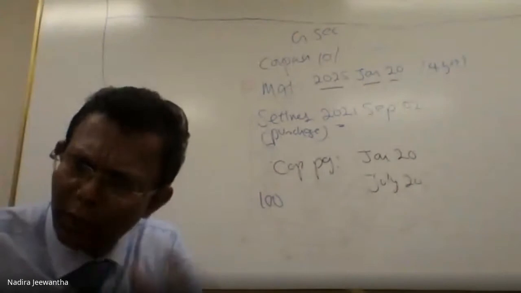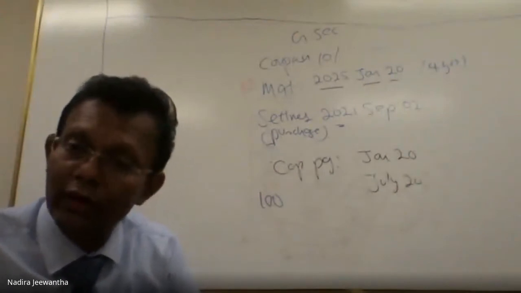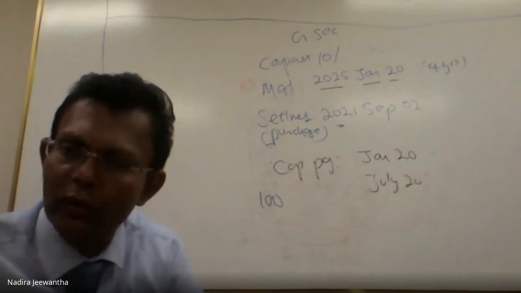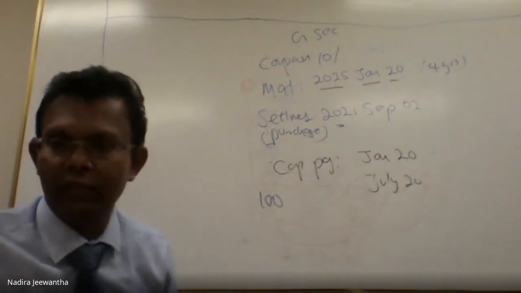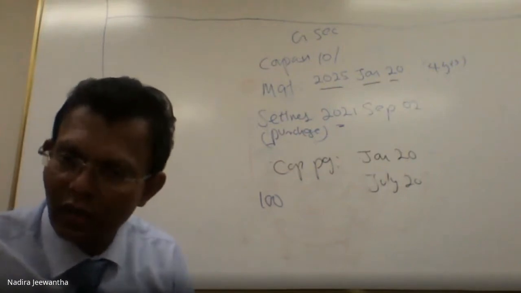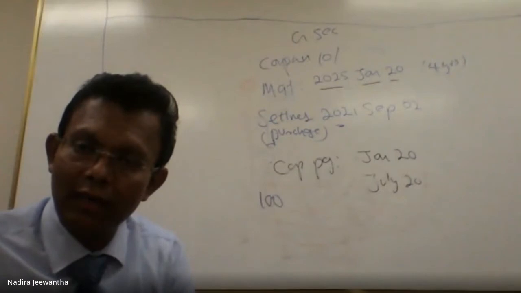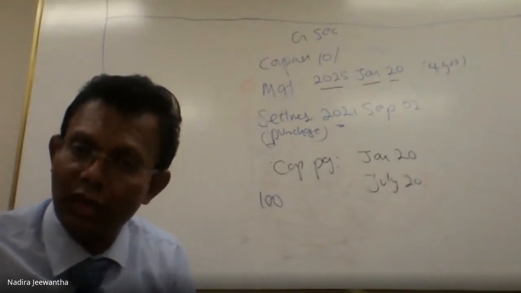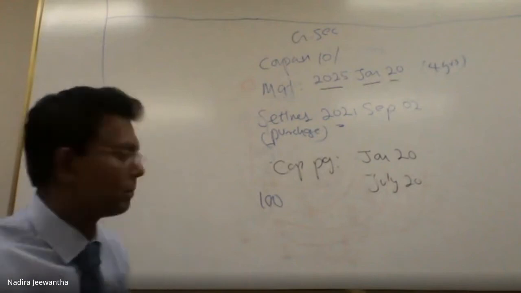Coupon is always paid on face value. Face value, or the nominal value, is the same thing here. The face value of a particular instrument in Sri Lanka is always taken as 100.